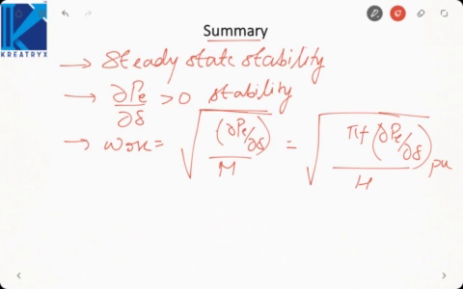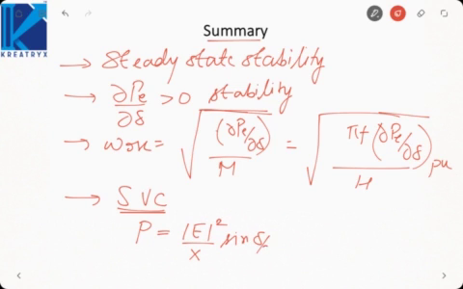Then we saw how to improve steady state stability was by reducing the transfer reactance or by increasing the EMF, in which we saw one of the methods was to use SVC. When we use SVC, power becomes mod E square by x sine delta by 2, where x is equal to transfer reactance by 2, because the reactance between the sending and the receiving end was represented as 2x.